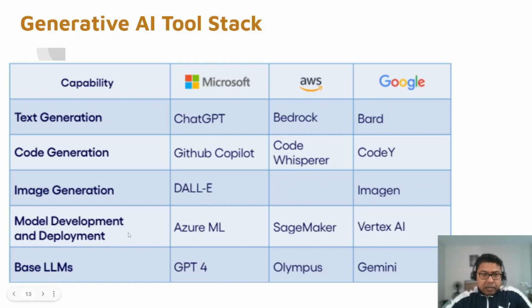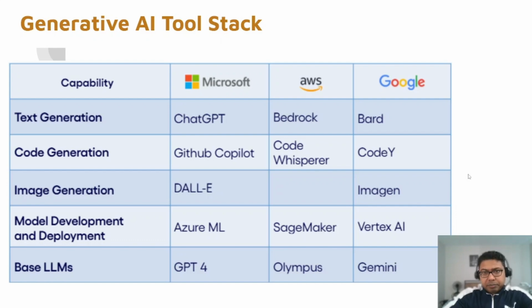For model development and deployment, there are Azure ML, SageMaker, and Vertex AI. For base LLMs, ChatGPT uses GPT-4, Bedrock uses Olympus, and Bard uses Gemini. These are the large language models, like the models we just learned about, behind the scenes.